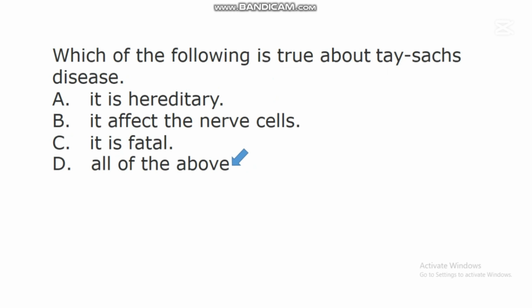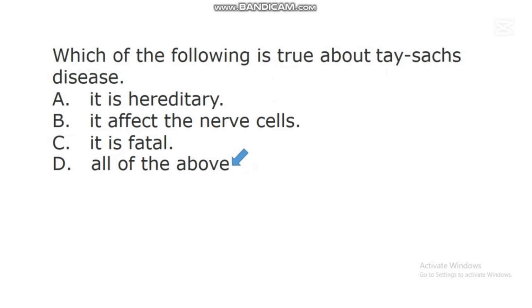This disease is one of the diseases that can be inherited by an individual, and this disease primarily affects the nervous system in such a way that it has harmful effects on the nerve cells. Studies have shown that this disease is highly fatal.